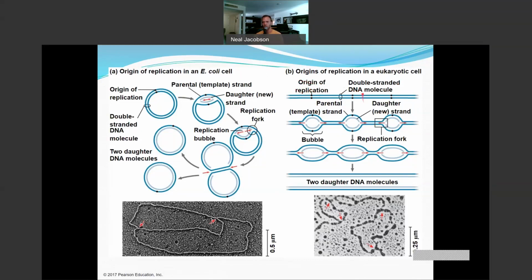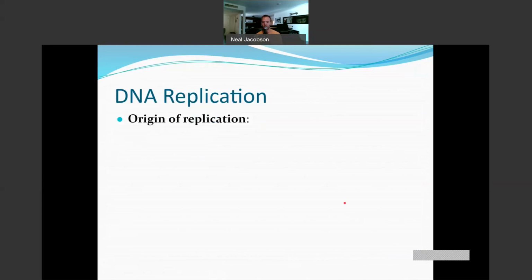So we've got multiple origins of replication in eukaryotes. Those replication bubbles will start to move towards each other. As the replication forks from one origin move towards the replication fork of the other origin, eventually they will meet in the middle and you'll end up with two daughter DNA molecules, half new, half old.